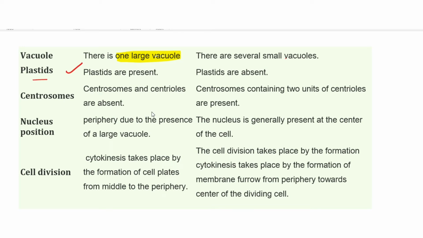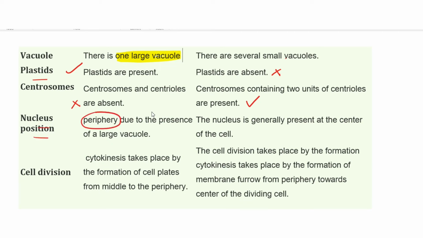Plant cells do not have centrosomes or centrioles, whereas animal cells have 2 units of centrioles. In plant cells, the nucleus occupies the peripheral position because the vacuole occupies 90% of the volume of the cell. It is central in position, so automatically the nucleus is pushed to the periphery, whereas in animal cells the nucleus occupies the center of the cell.